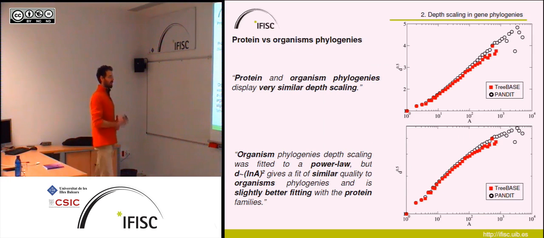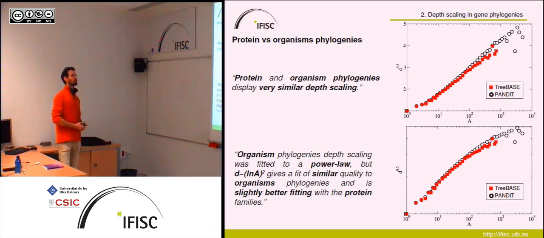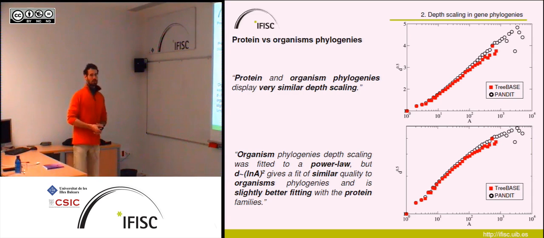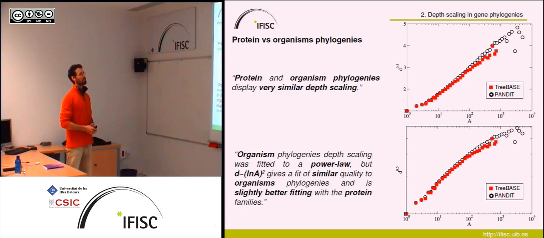This generality in the exponent was reinforced after comparing the depth scaling of protein phylogenetic trees with the one described before for organism phylogenetic trees. We observe that both datasets display very similar depth scalings.